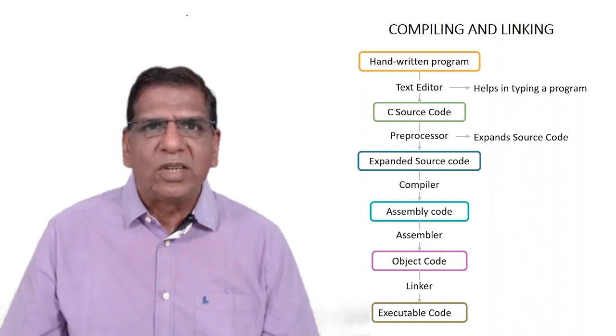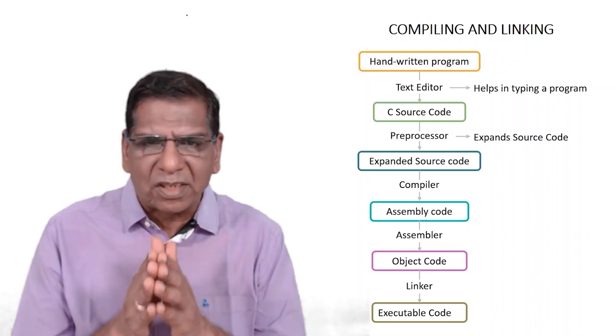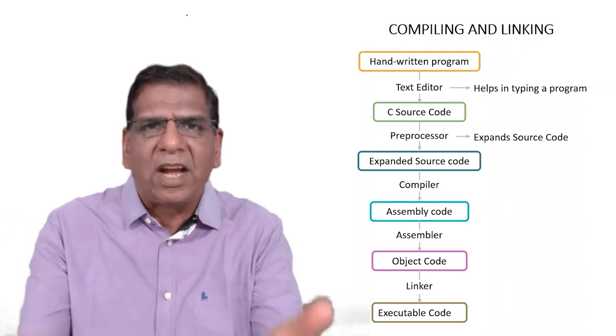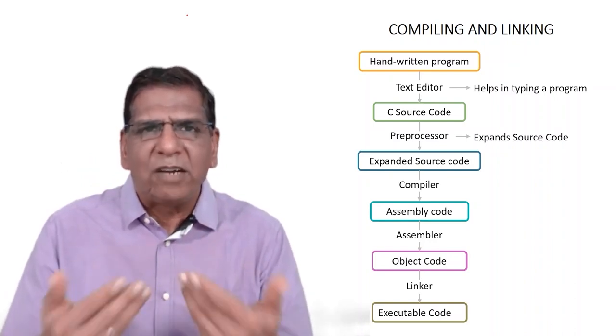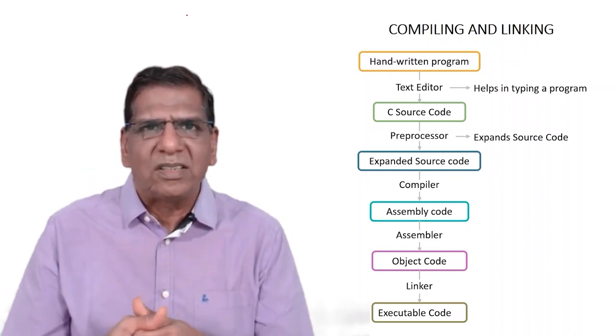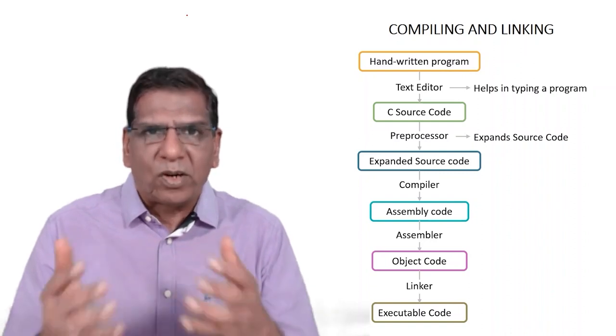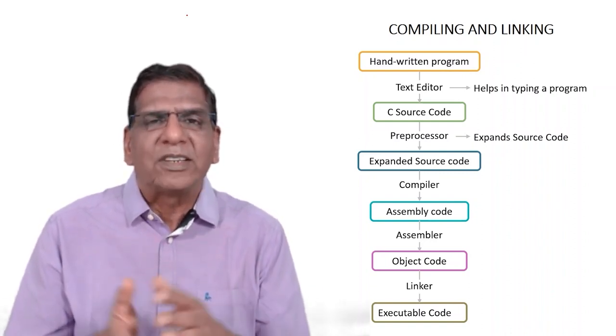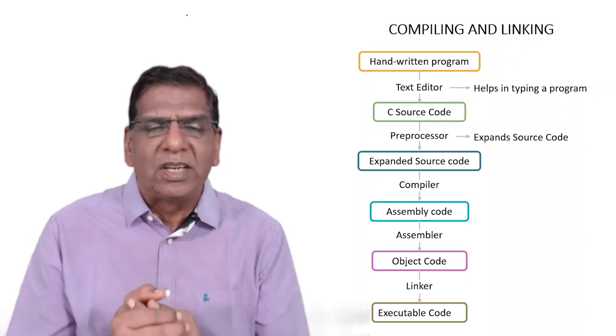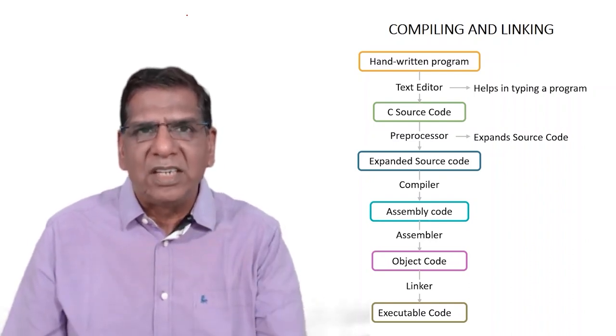That # in fact signals to the preprocessor that it has to do something with this. When you do #include <stdio.h>, what the preprocessor does is read stdio.h, bring in the code present in it, and place it right where you have done #include <stdio.h>. What it contains is prototypes of a variety of library functions. For example, printf and scanf that you are using, their prototypes are in stdio.h.